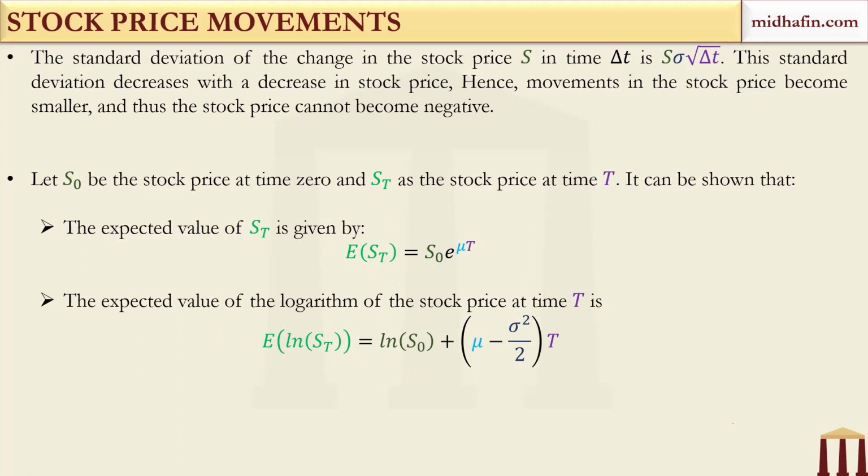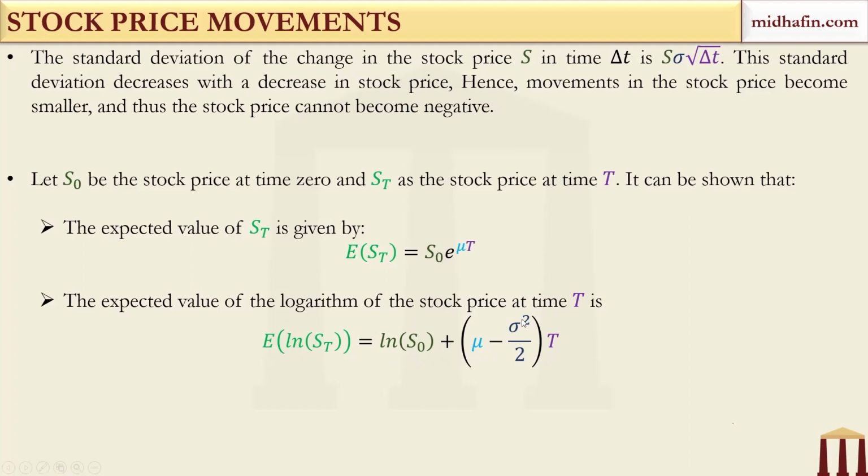That's the logic, and due to that there will be some deviation. This is the deviation under consideration: mu minus sigma square by 2 times T, where mu is the stock return and sigma square is the variance of the stock return over longer periods. So E[ln ST] is nothing but ln S0 plus (mu minus sigma square by 2) times T.